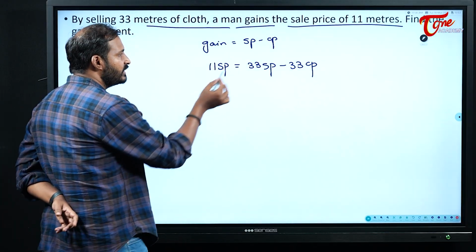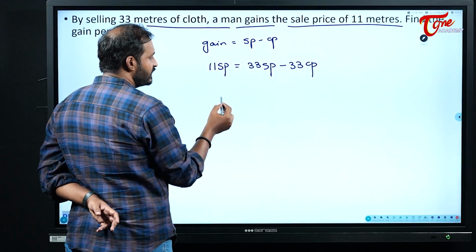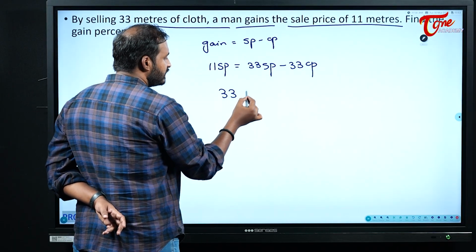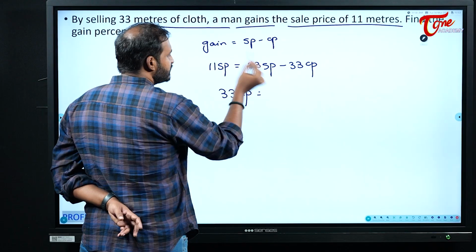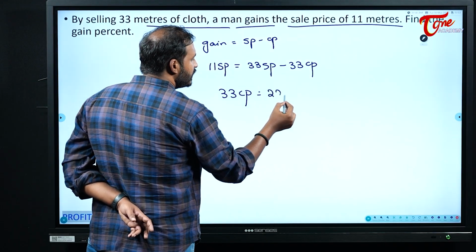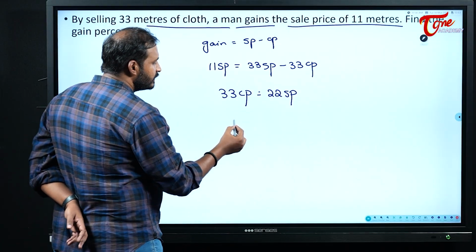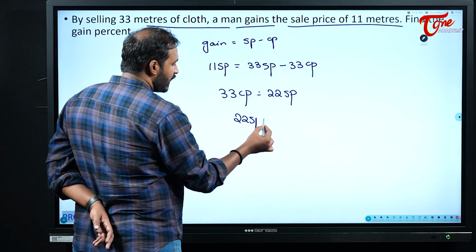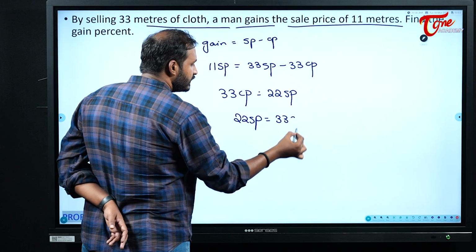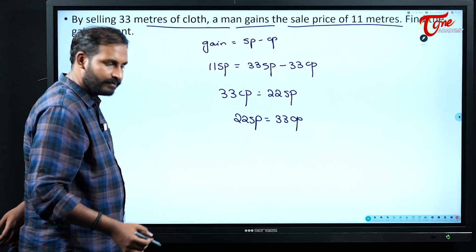Now simply solve it. I will send that 33 CP to this side and 11 SP to that side. So 33 CP is equal to, if I send this to that side, it will become minus, 22 SP. So from this, 22 SP is equal to, as I have already told you, always we need to write SP in terms of CP. Please be careful.